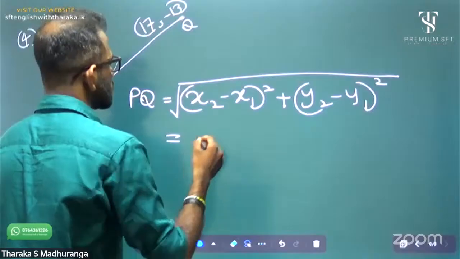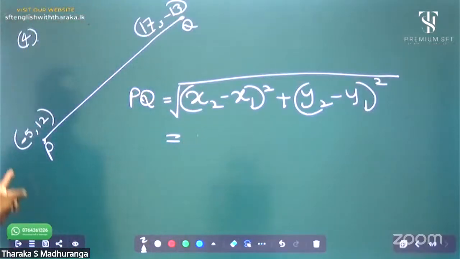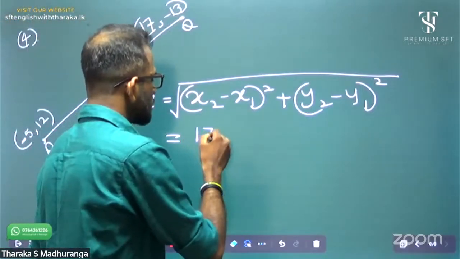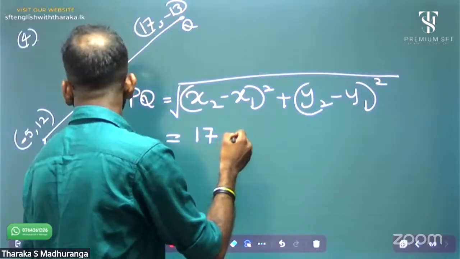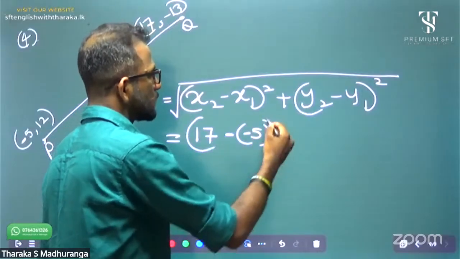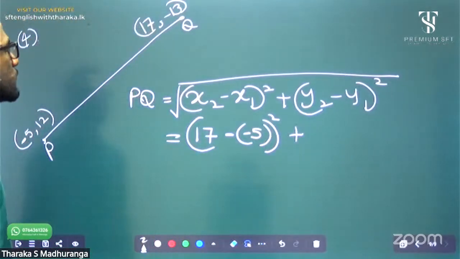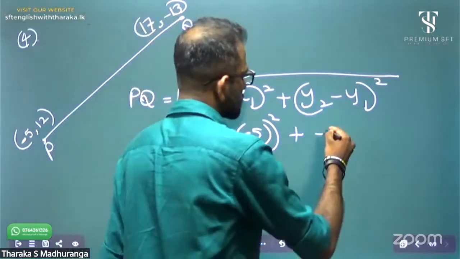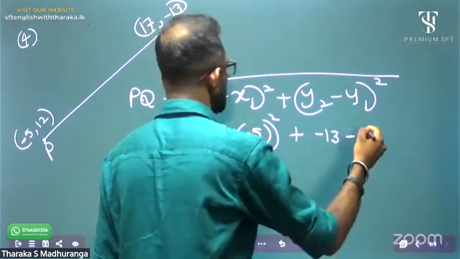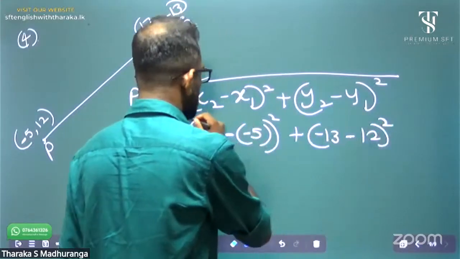X2 minus x1 is 17 minus minus 5, it's plus now, squared. Plus y2 minus y1, minus 13 minus 12, squared. Square root.